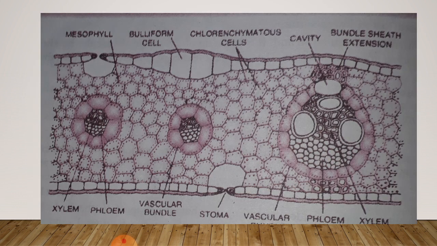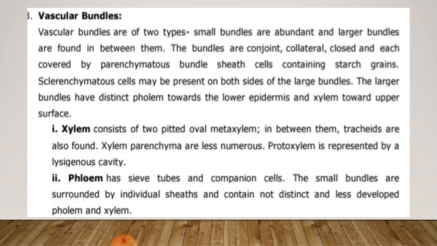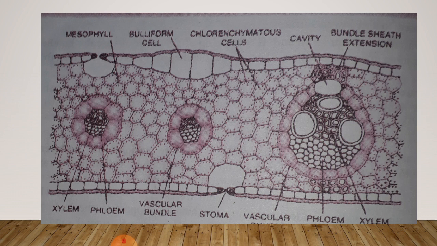In case of large vascular bundles, there is phloem towards the lower side and xylem towards the upper side.